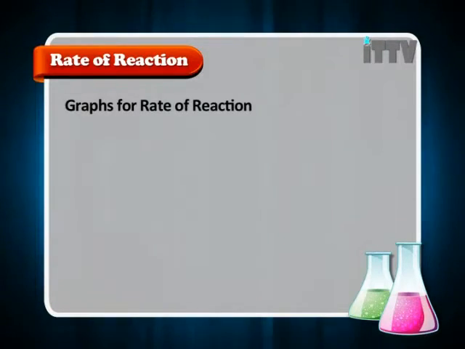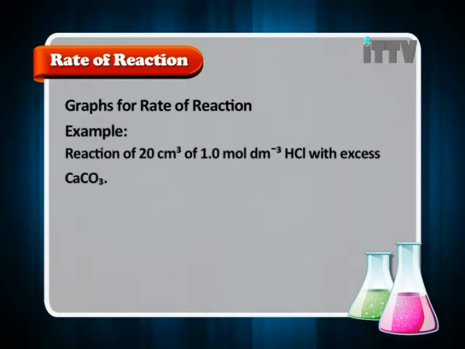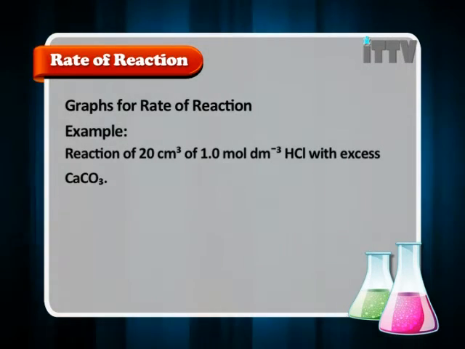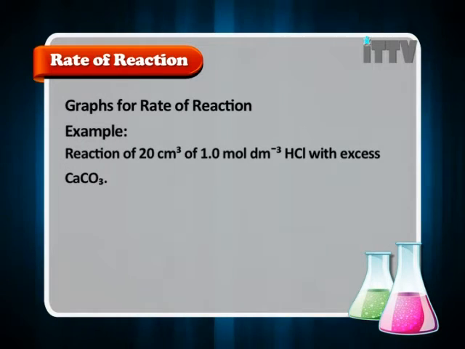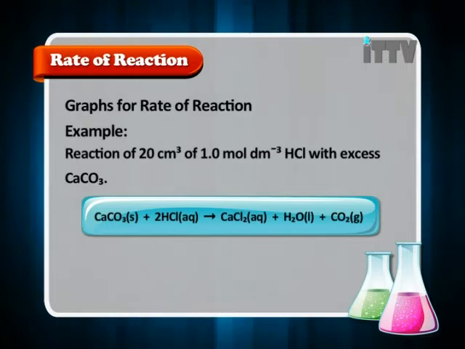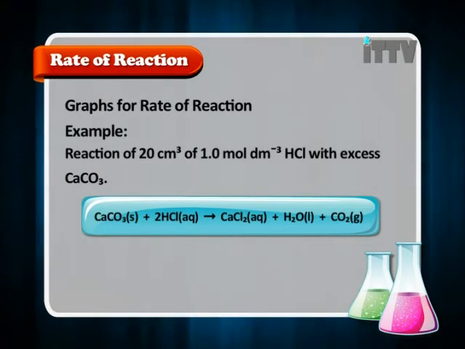Graphs for rate of reaction. Example: the reaction of 20 cm³ of 1 mol/dm³ hydrochloric acid with excess calcium carbonate. The reaction equation will read CaCO3 plus 2HCl produces calcium chloride, CaCl2, plus water plus carbon dioxide gas.